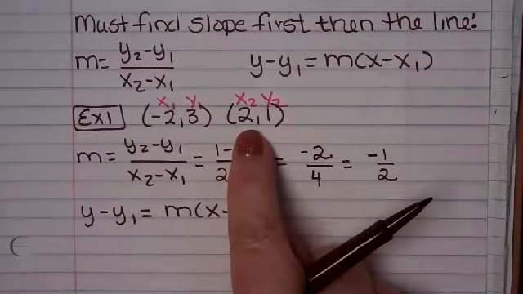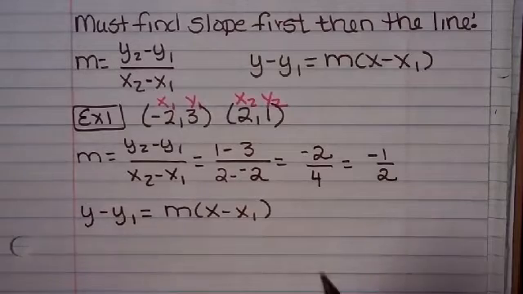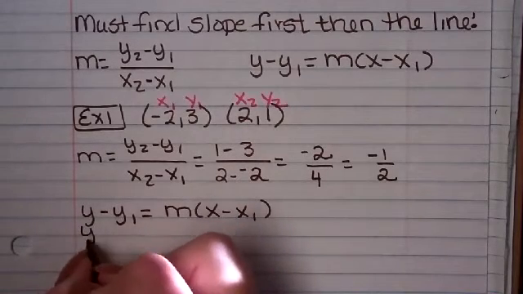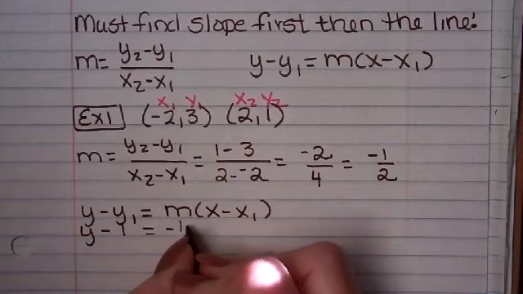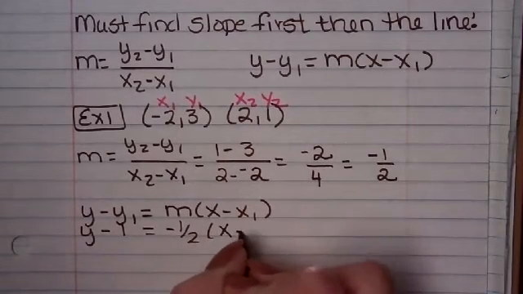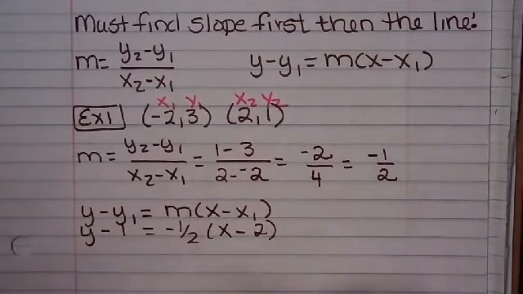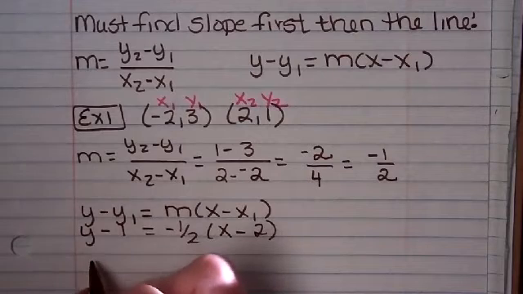Okay, if you do your math right, it doesn't matter which one you use because that's all still talking about the same line. So I'm going to say y minus 1 equal to -1/2 times x minus 2. And then we know the next thing is distributive property.